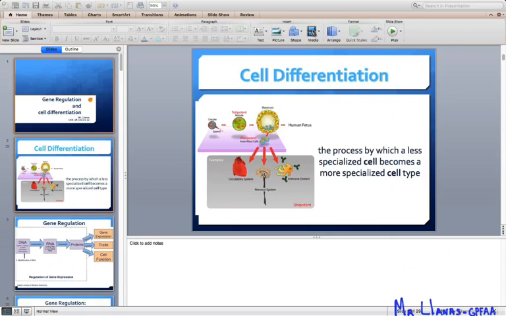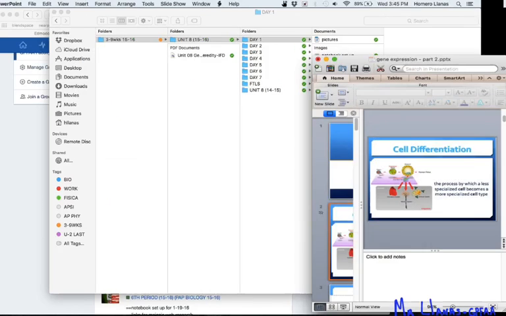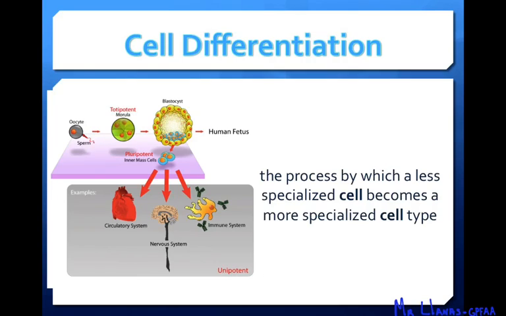So that's how they become different. They're different because different parts of the DNA are used to make that specialized cell. So remember that. They all have the same DNA, but different parts of the DNA code for this specific cell. All right.